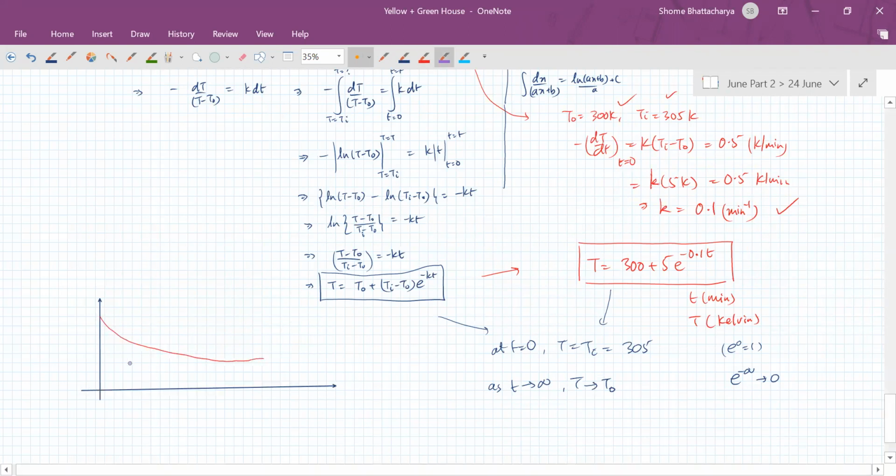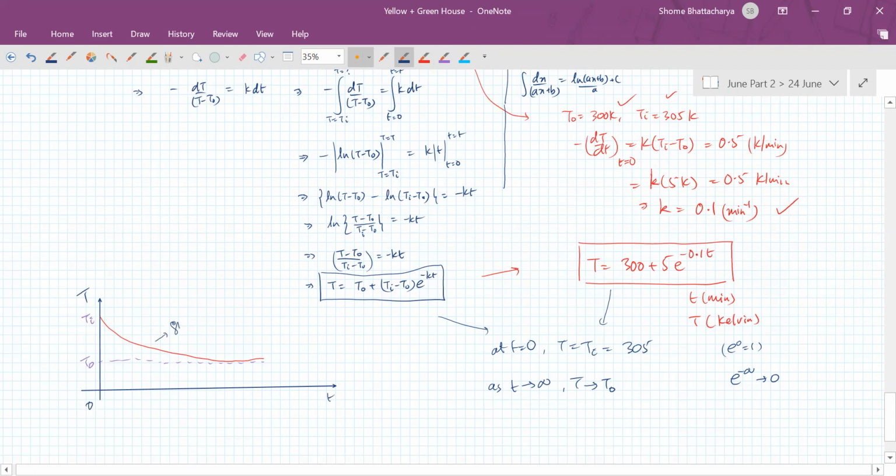Let's say this is the value of the surrounding temperature. So with time, the temperature will gradually decay like this. So this also shows you that the rate of cooling is decreasing as the temperature is decreasing, because the slope of this graph is decreasing.